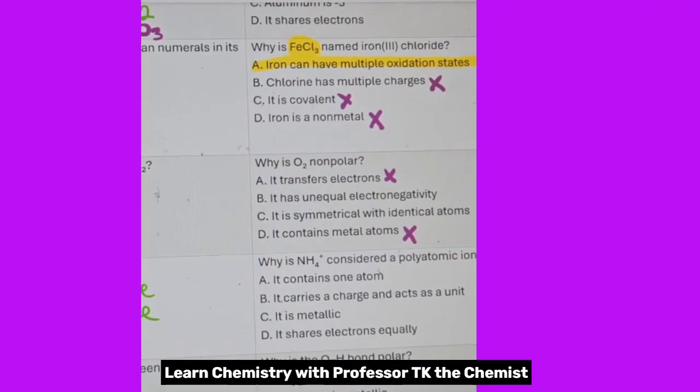So if it's nonpolar, what does that mean? And we did not talk about electronegativity, but it doesn't have anything to do with electronegativity in this instance either. Okay. So yes, the answer is it has identical atoms. Just look at that keyword right there. Identical atoms.